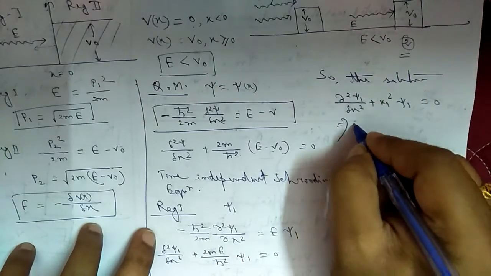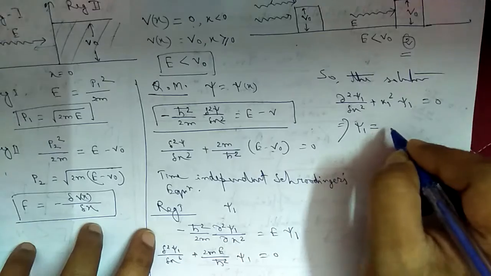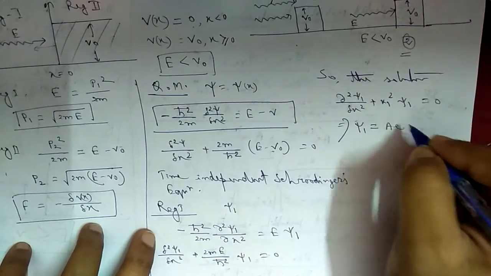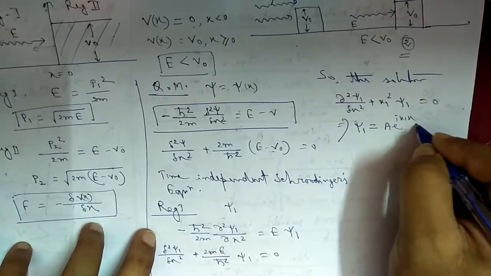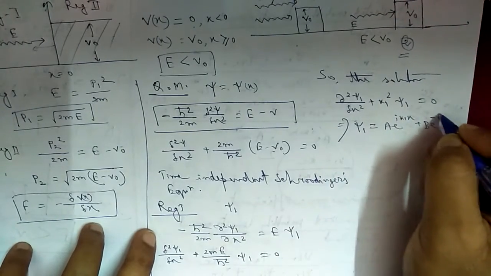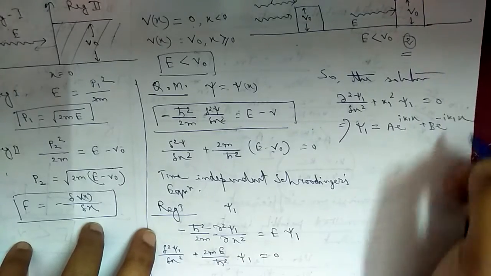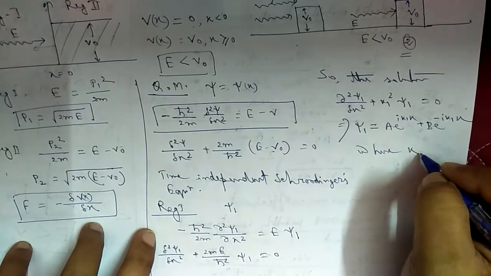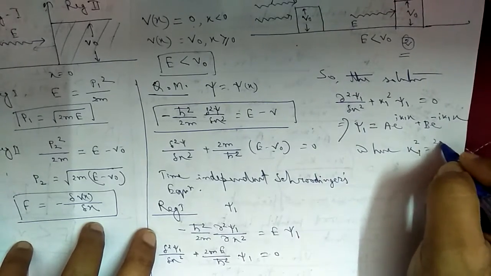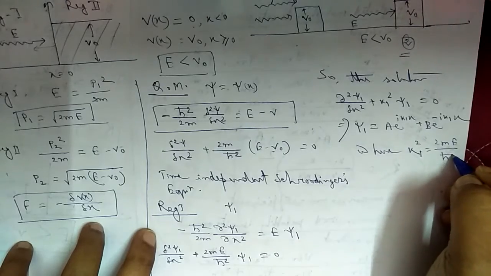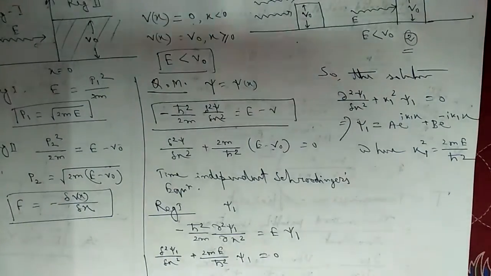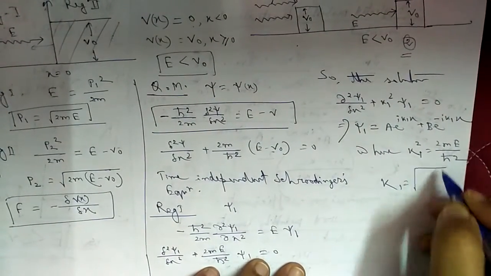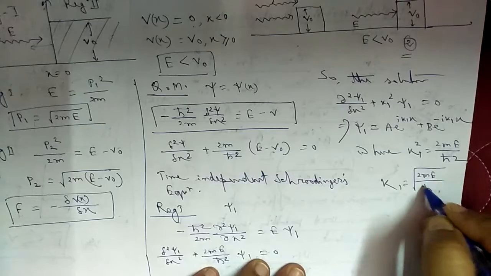That means psi 1 can be written as a e to the power i k1 x plus b e to the power minus i k1 x, where k1 square equals 2mE by h cross square. That value will be required later, just remember it. So you can write k1 equals the whole root of 2mE by h cross square.